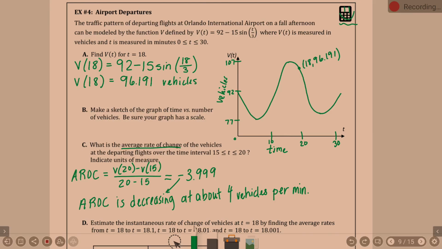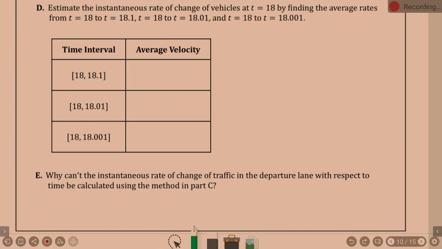D, I'm not sure we really need to do D, because it's instantaneous rate of change, and it's just looking at smaller and smaller intervals. I can tell you they work out to be negative 4.823, negative 4.803, and negative 4.801.